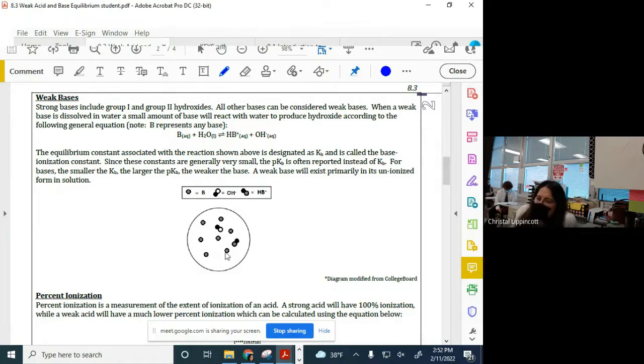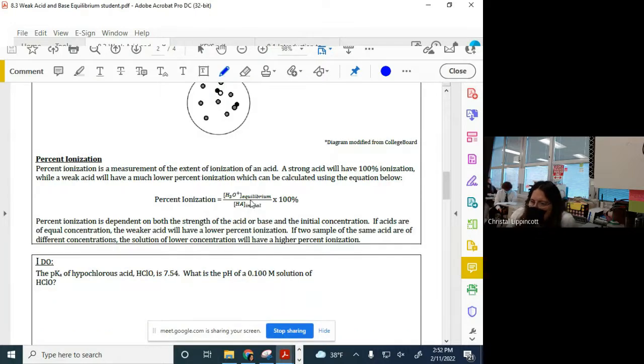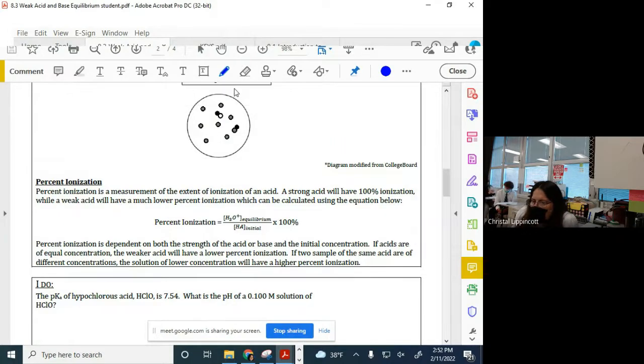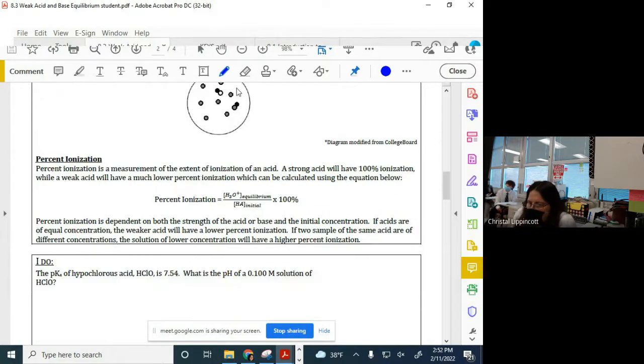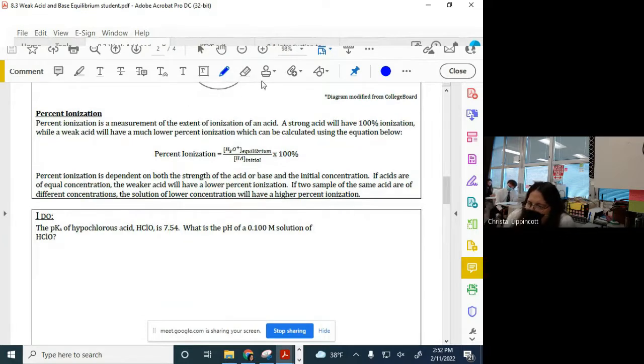All right. Last thing that we're going to talk about today then is percent ionization. So when these break apart, let's just talk about the acid one first, okay? And you can do the same thing with the base, but we're just going to use the acid for our example. When you have your HA plus your H2O, your double arrow, you have your H plus coming off and your A minus coming off, right?